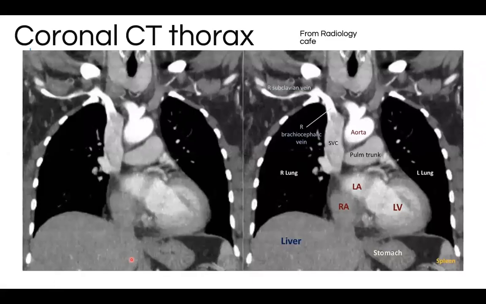And then this is a coronal view of CT thorax. So we have aorta here, superior vena cava, pulmonary trunk, left atrium, right atrium, left ventricle, stomach, bit of the spleen here, the liver, and then right and left lung.